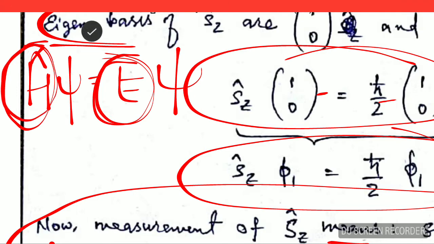So in quantum mechanics, for everything, for example, if you want to calculate the position or the momentum, you have to operate the corresponding operators, and then you get back the eigenvalue, and that eigenvalue is the result of the measurement.